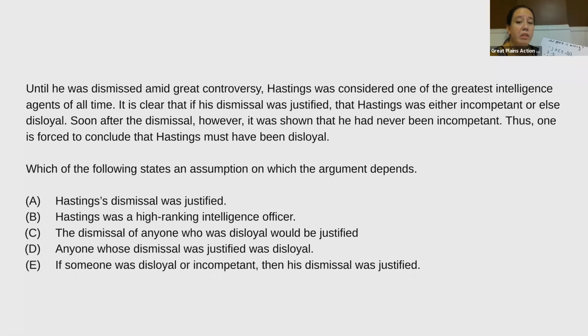E, if someone was disloyal or incompetent, then his dismissal was justified. That doesn't get us to our conclusion, though. So our conclusion requires A, J. And that's just a really neat way to show how being able to translate these into logical form can show us what the conclusion is.